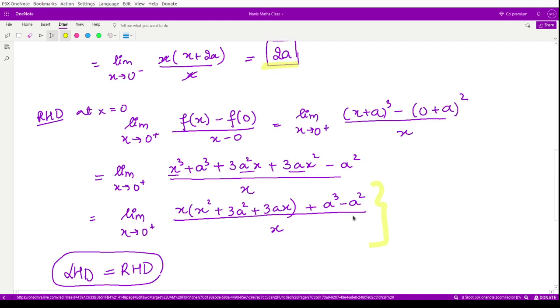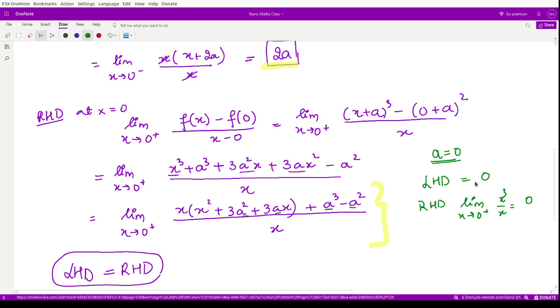If you take a to be 0, in that case your left hand derivative becomes equal to 0, since 2 into 0 is 0. And the right hand derivative, let's see what this becomes. So 0, 0, 0 and 0. You will be left with limit x goes to 0 positive of x cube by x, so that is 0 only.